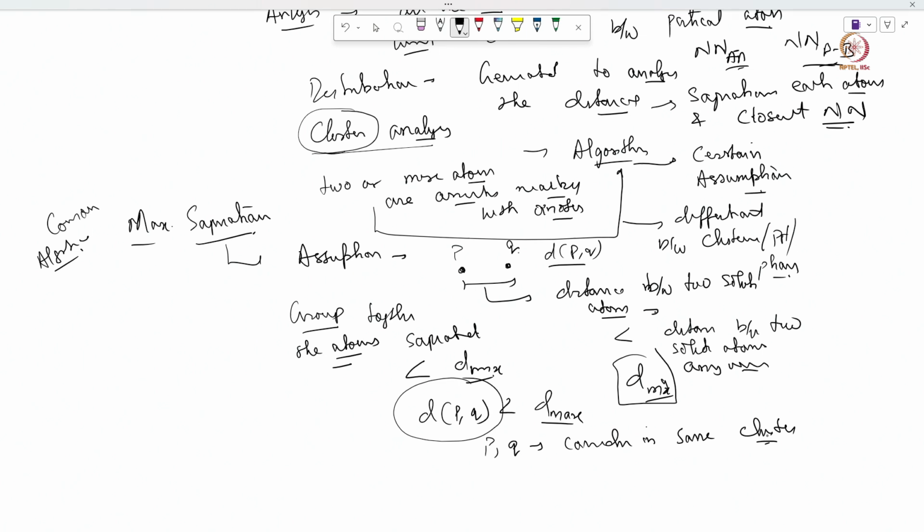The parameter which is controlled is D max. With this parameter we can filter the clustered from non-clustered atoms on the basis of maybe the first nearest neighbor.